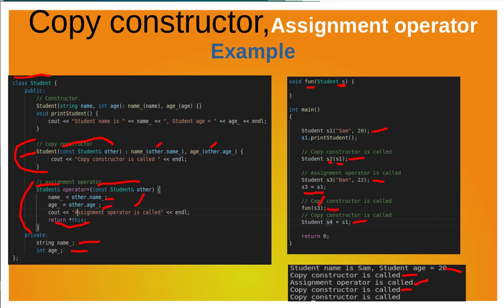So S4 is going to be created using the value of S1. Here, even though the equal operator is used, it's different than this line, since S4 is still not initialized. So copy constructor is used in this case.